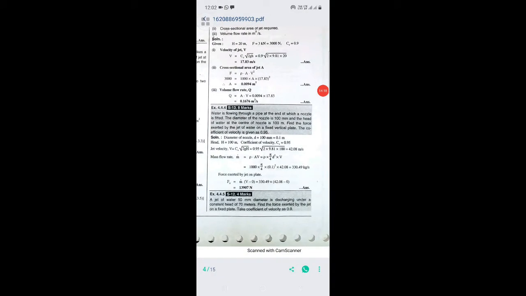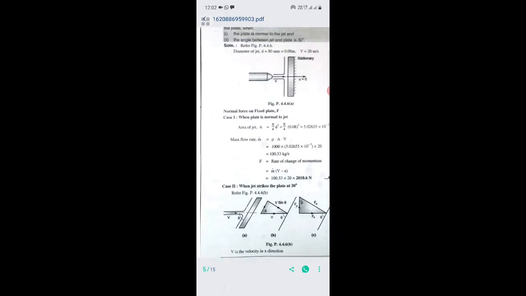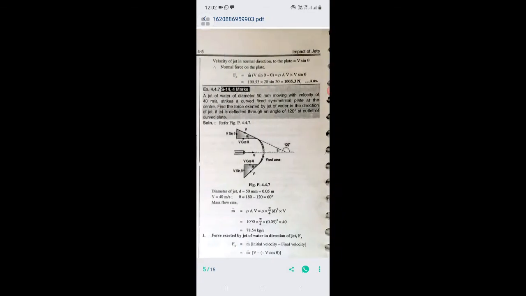Next example: a jet of water of 50 mm diameter is discharged under a constant head of 70 meter. Find the force exerted by the jet, taking the coefficient of velocity as 0.9. This is a simple answer. Diameter D is given as 50 mm, converted into meter. H is 70 meter and the coefficient of velocity is 0.9. V is equal to Cv root of 2gH. The mass flow rate is rho a v.